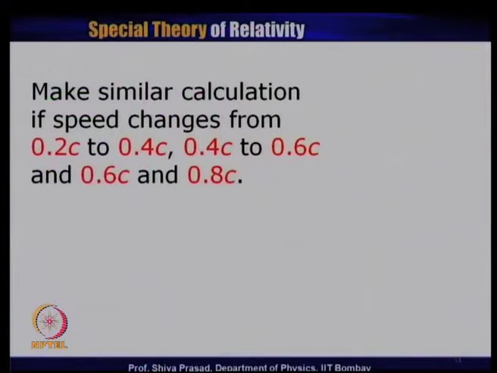Now we would also like to make a similar calculation if the speed changes from 0.2 c to 0.4 c, then 0.4 c to 0.6 c, and then 0.6 c to 0.8 c. The speed interval is the same, 0.2 c.